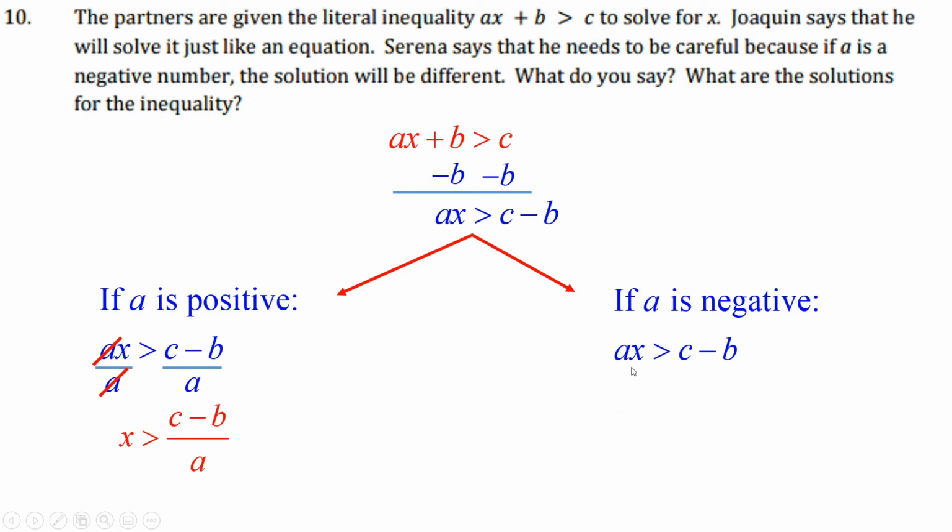Now, if a is negative when we do this division, all right, we divided by a negative number, so we have to flip this inequality symbol, less than, and now the a's cancel, so x is less than c minus b over a. So Serena was correct, all right. When we are solving an inequality, we have to remember the rule. Whenever we multiply or divide by a negative number, we must reverse the orientation of our inequality symbol.